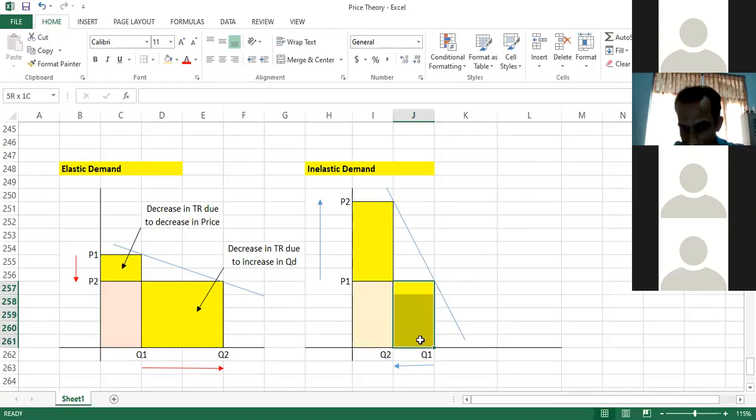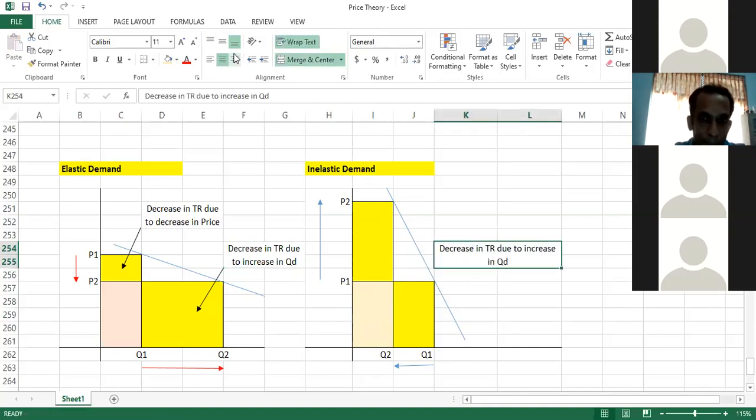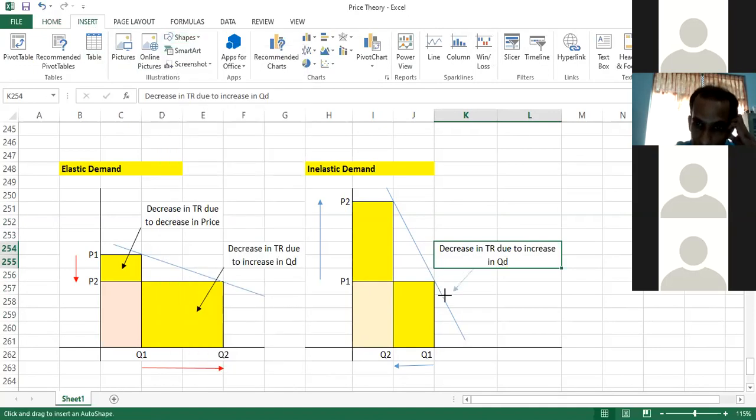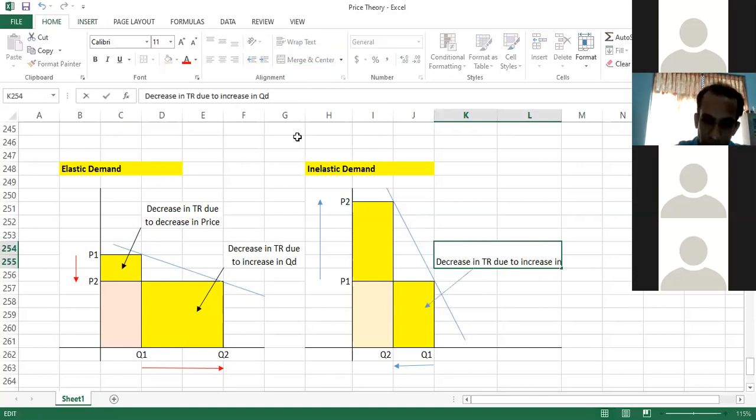This is the decrease in total revenue due to the decrease in quantity demanded, but this is the increase in total revenue due to the increase in price, which is more significant.